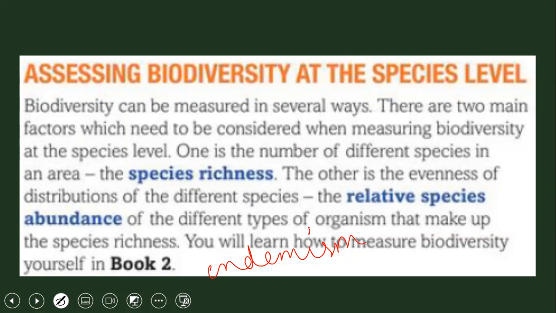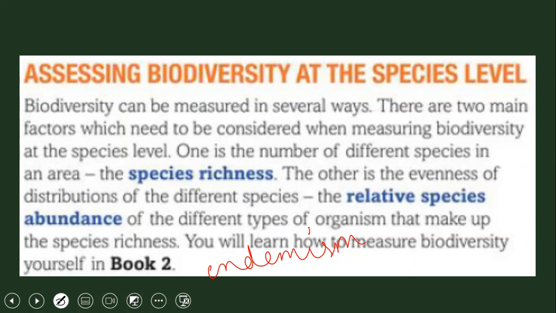There needs to be a high level of productivity. Why? There needs to be a high level of producers. The greater the number and variation of producers, the more higher niches can be supported: primary consumers, secondary consumers. The greater the variety of niches that can be supported. And when organisms can grow and reproduce rapidly, it is more likely that mutations will occur.